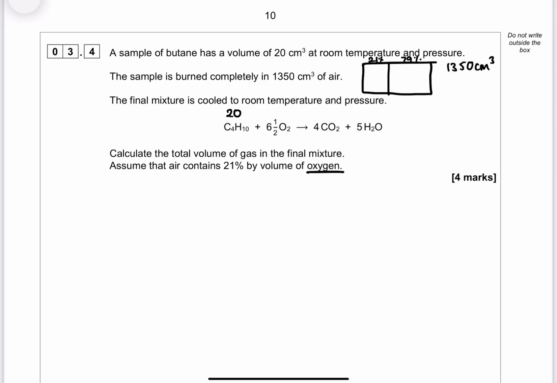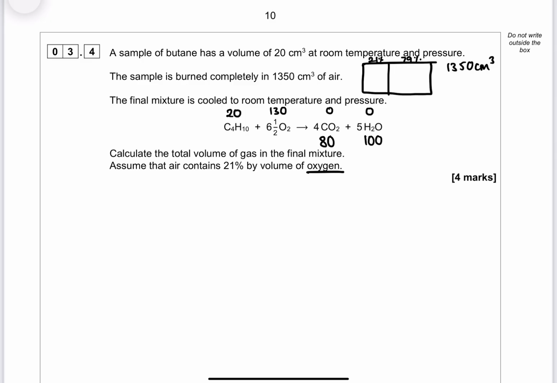If I were to start with 20 centimetres cubed of butane, I would need, times it by 6.5, 130 centimetres cubed of oxygen, and I would make, we'd start with none of that, 20 times 4 is 80, and 20 times 5 is 100.